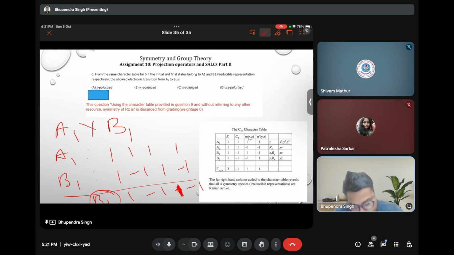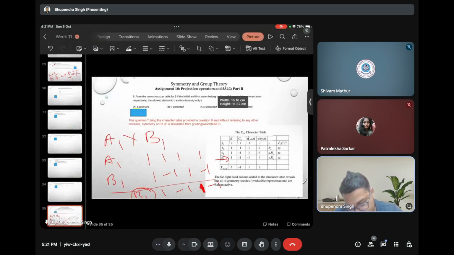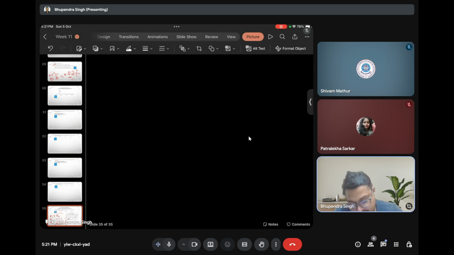So we are getting B1, and if you are able to see, or let me zoom in a little bit. Now you can see.